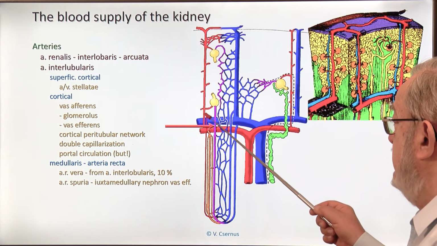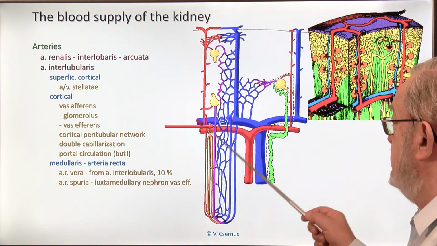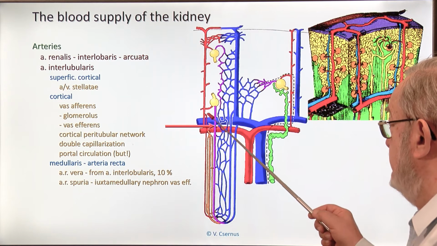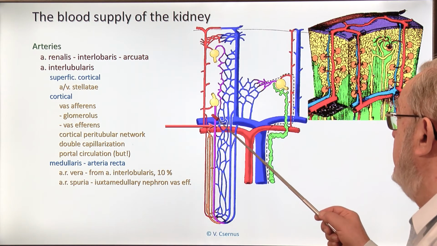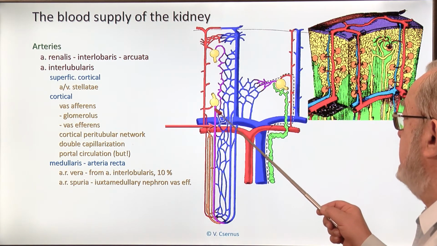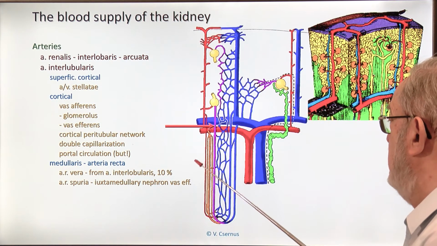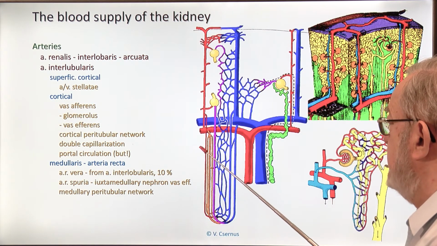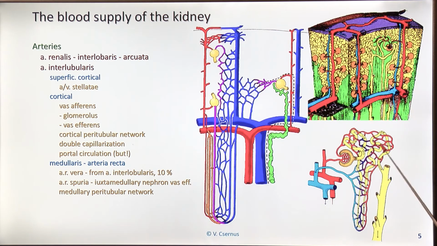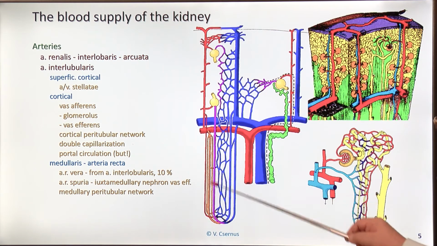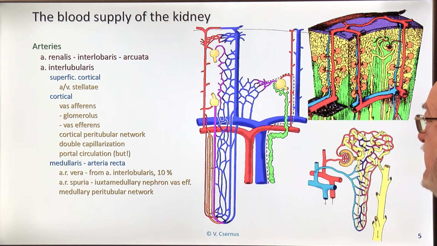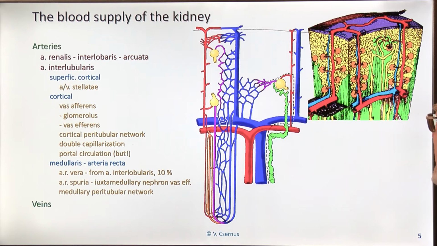Some people think that the arteria recta vera, which is not related to a Malpighian corpuscle, is a kind of consequence of damaging the Malpighian corpuscle, but this has no practical significance. So the medullary peritubular network is fed by the arteria recta system.